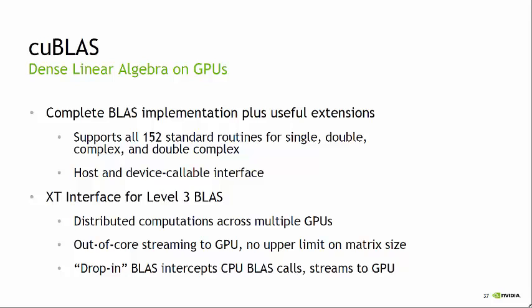So this out-of-core streaming works quite well. There's also a drop-in implementation where you can literally not change your code one bit, change the way some objects work, and it just works. It intercepts the BLAS calls and offloads them onto the GPU.